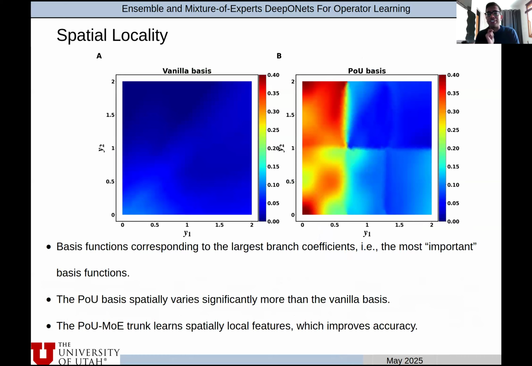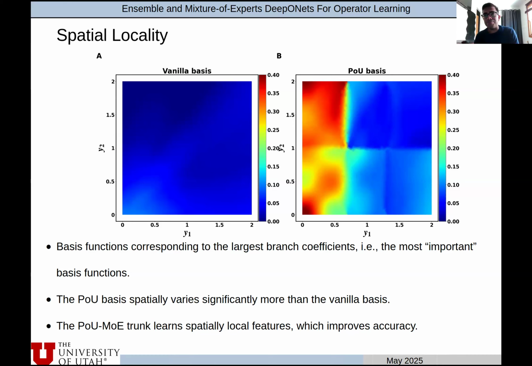I'm only showing one of the basis functions here, but all the others, so we used, I think, 100 basis functions here, all the other partition of unity basis functions have this structure in them. Their spatial variation corresponds to the patch placement strategy. And they're on a similar scale, both the vanilla and the POU basis. And we believe this spatial variation, especially when combined with the POD global modes, is what is responsible for consistently better performance of this architecture against all others, as I'll show for the other problems.